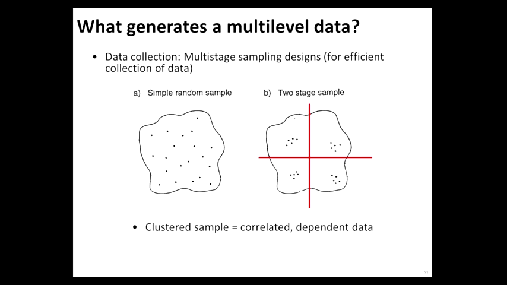It's dependent data. If another individual is drawn from the same classroom, same school, same area, they would be more alike than what one would have observed if they were purely being drawn from a simple random sample. So with multi-level data, either the real world is clustered and correlated, or your sampling design generates that.